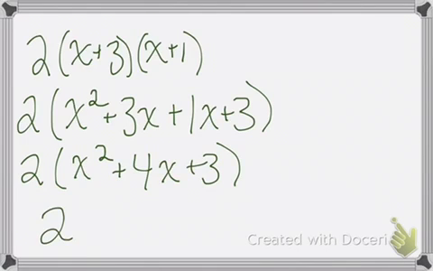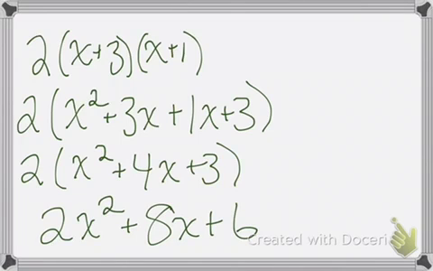And the total surface area dedicated from these 2 faces is 2x squared plus 8x plus 6. Obviously, if you're doing this on a single piece of paper, it's much easier, but I'm limited to space.